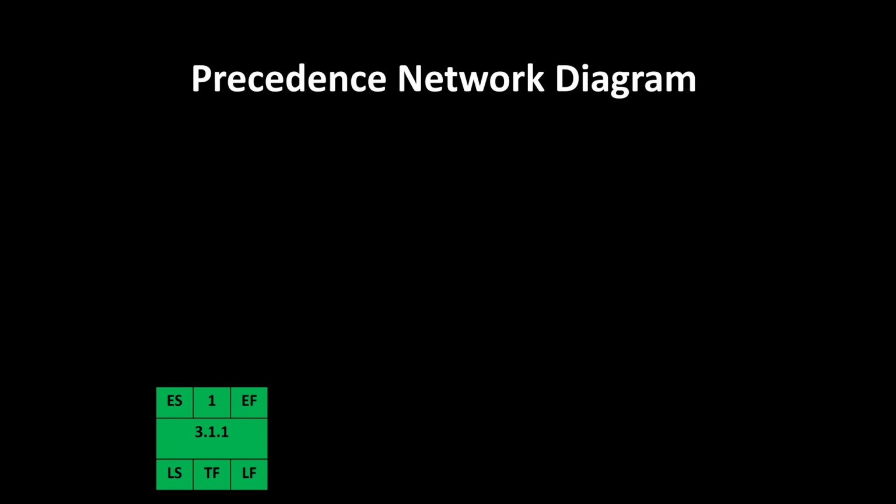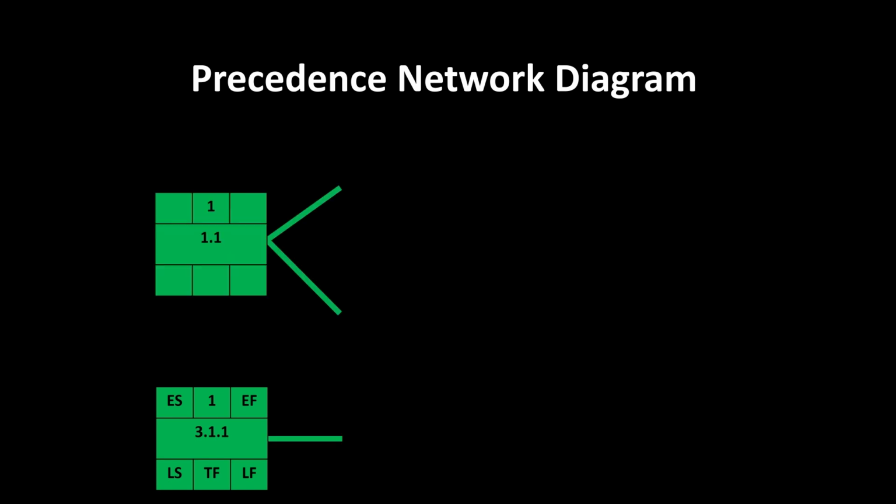It's still work package 3.1.1 and we've replaced it with one of these network node boxes. We can also replace the next one there. So our two green ones, you can see that the top one there is completely blank except for the top middle box, which has our duration in it. So we know that, our duration of 1.